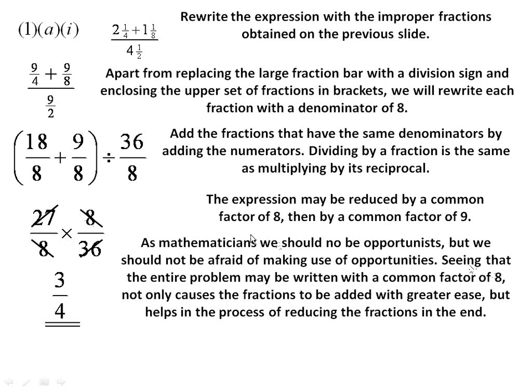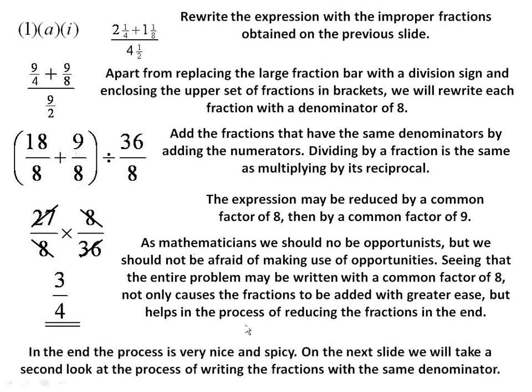So by seeing that we have a common factor of 8, or we may write the fractions with a common denominator of 8, we see that in the end reduction is made easier, and also addition of the fractions was made easier.